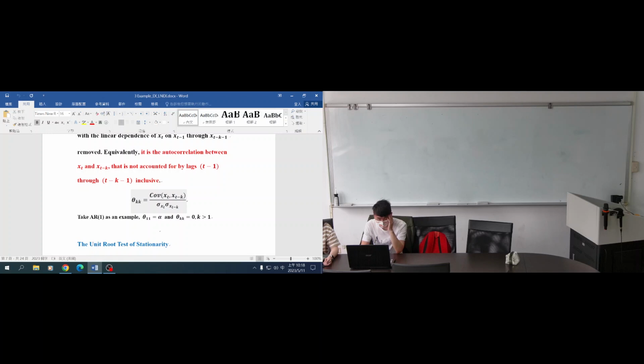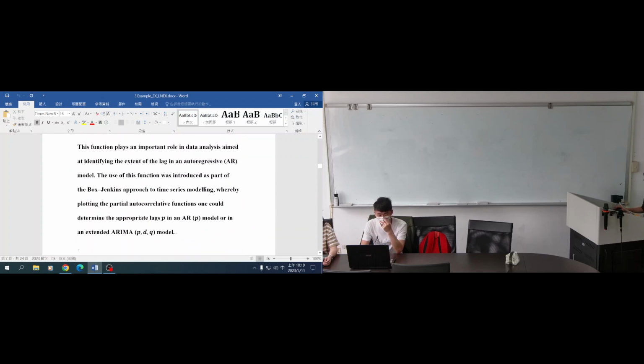But partial autocorrelation can control for lags 2 to 8 and only look at the relationship between 1 and 10. That's the difference. One controls for the lags in between, and the other one doesn't control it. Okay? All right? So look at this one.